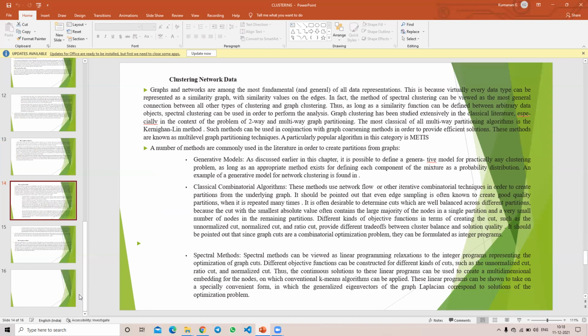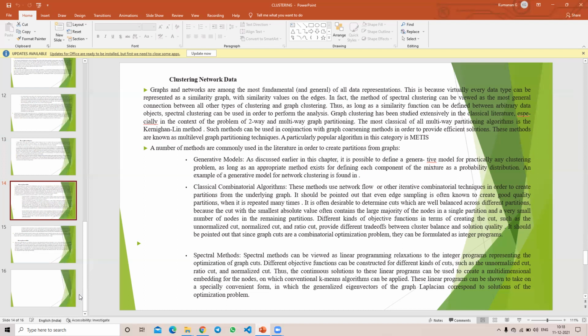Thus, as long as a similarity function can be defined between arbitrary data objects, spectral clustering can be used in order to perform the analysis.